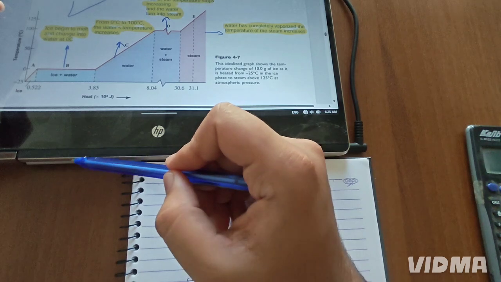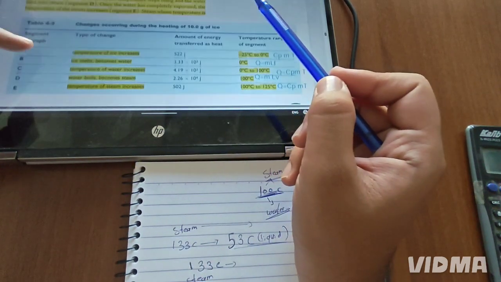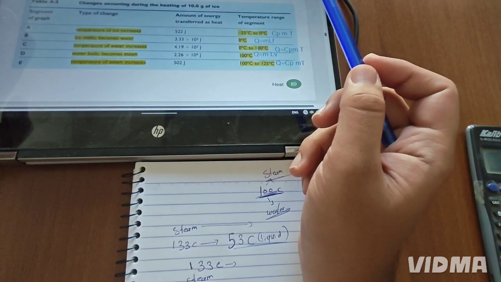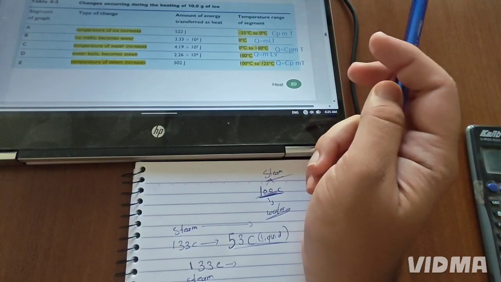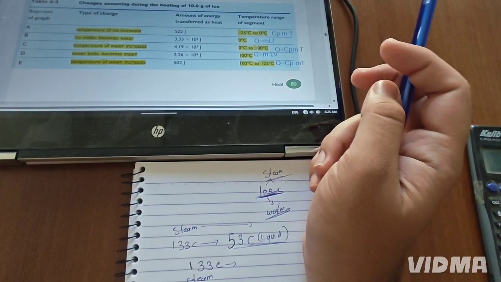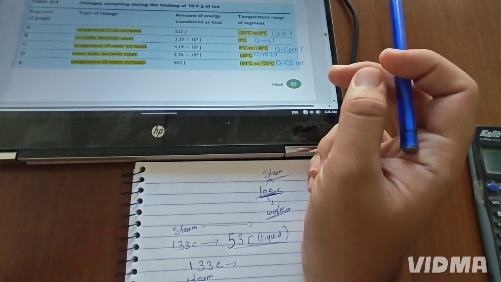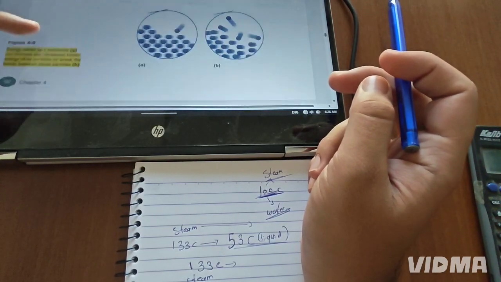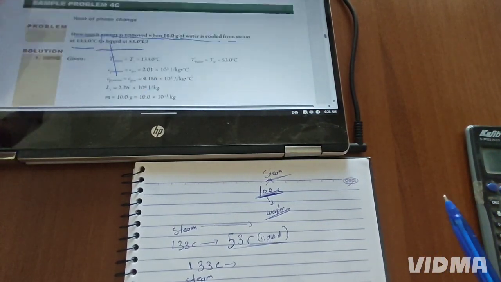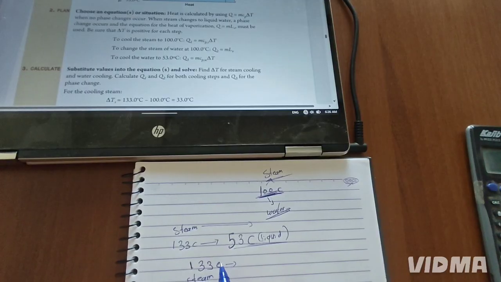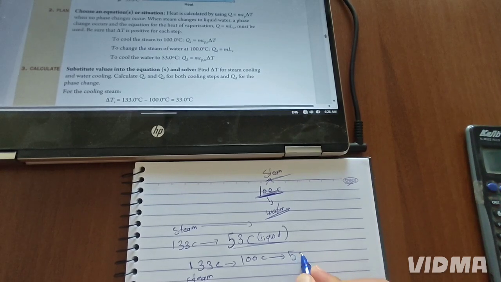To convert steam at 133 Celsius to water, first of all we have to convert it from 133 Celsius to 100 Celsius, then from 100 Celsius to 53 Celsius liquid.